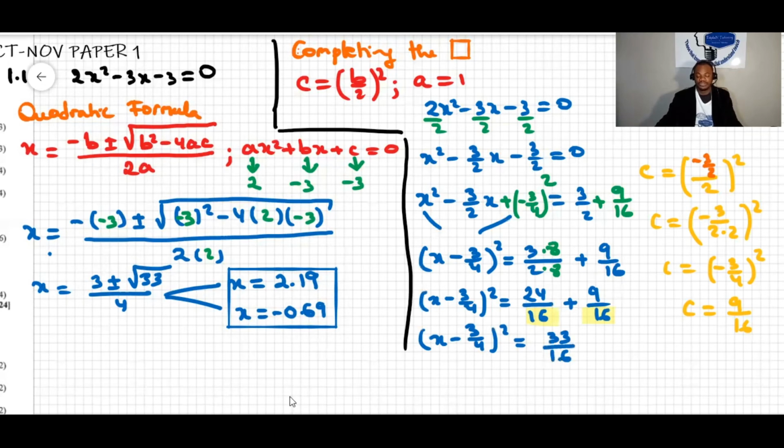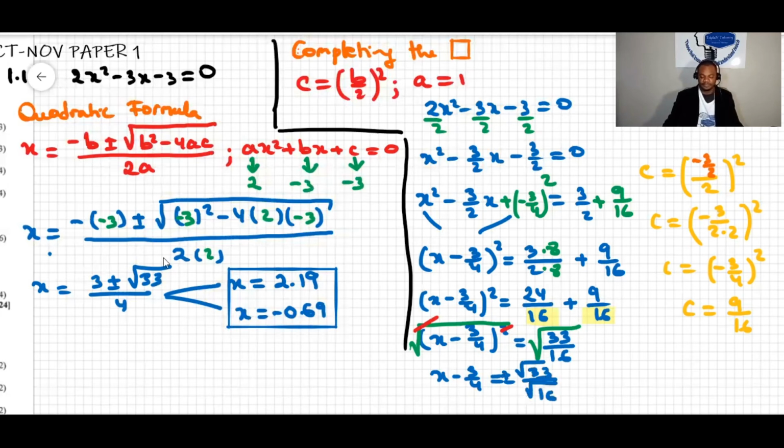Then to find x, we need to reduce this, so I'm going to square root both sides of the equal sign. On the left-hand side, the power of 2 and the square root will cancel, and then we are left with x minus 3/4 equal to plus or minus root 33 over root 16.